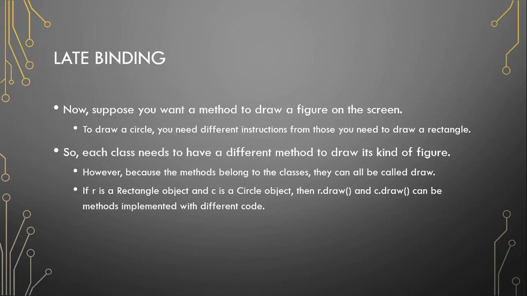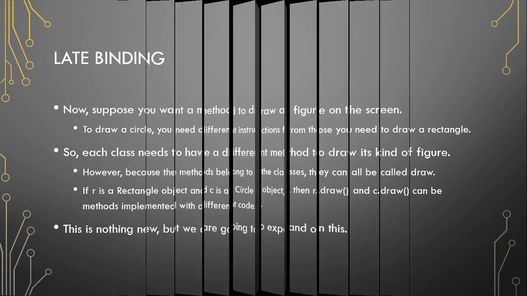However, because the methods belong to the classes, they can all be called draw. If R is a rectangle object and C is a circle object, then R.draw and C.draw can be methods implemented with different code. Obviously, this is nothing really new to us. We can figure this out even without much programming experience, because a rectangle is a very different shape from a circle. But we are going to expand upon this concept just a little bit.